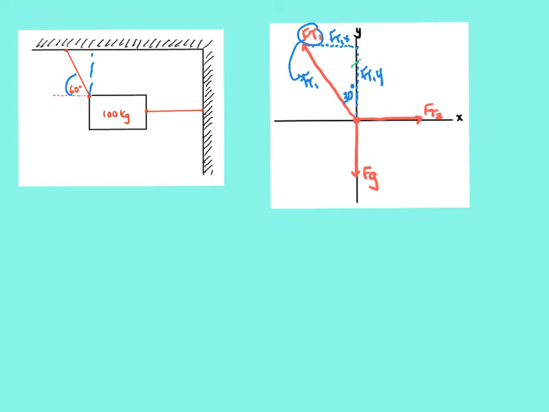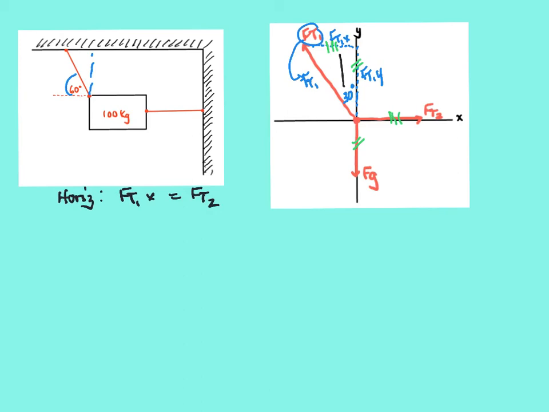Well, the y component of this tension and the force of gravity, and the x component here and the second one there. If we write things in terms of the horizontal direction, you want to think of things horizontal and then vertical, or in either order. The force of tension 1 in the x direction is the same as the force of tension 2. Again, just magnitude. Obviously, one is positive and one is negative.